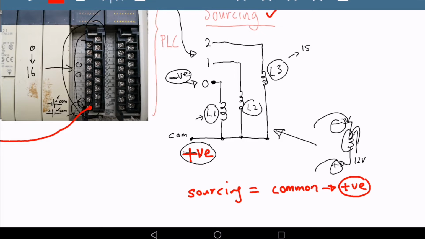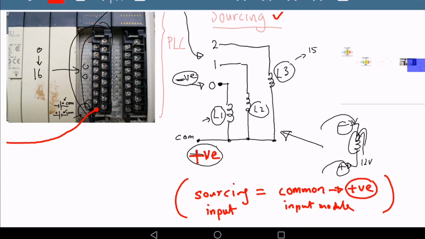The common of your input module. Sourcing input equals common connected to positive of your power supply. The common of the input module is connected to the positive terminal of your power supply. That is sourcing.